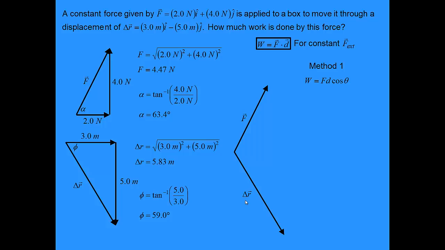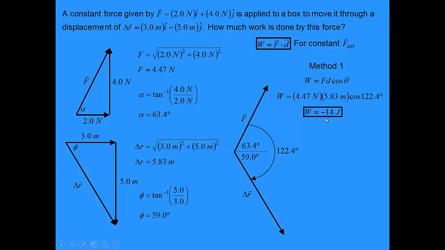Can we figure out the angle in between? We sure can. We know that one's 63.4 and that one's 59.0. So the angle in between is just 122.4 degrees. Plugging all three of these in there, we get a work of -14 joules.